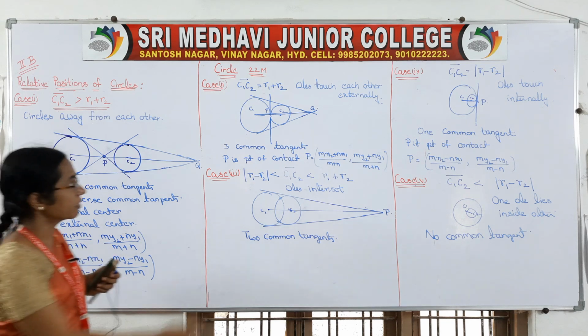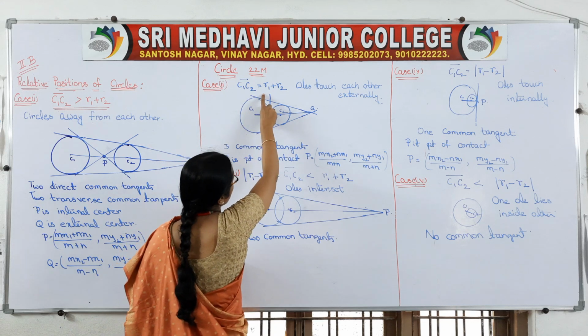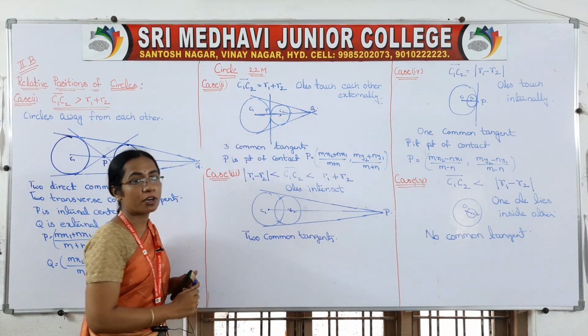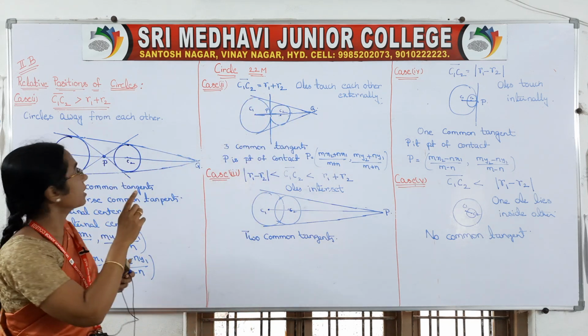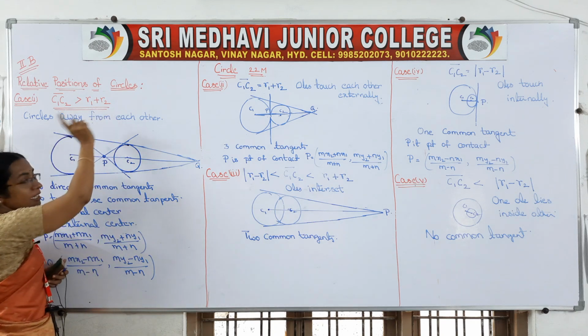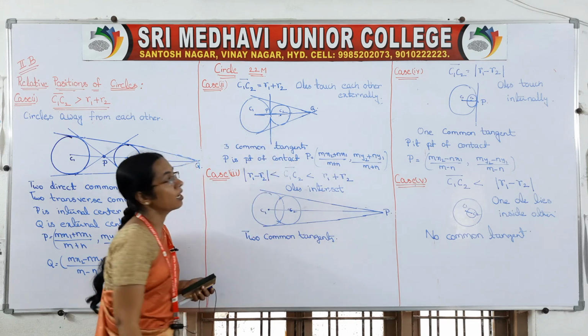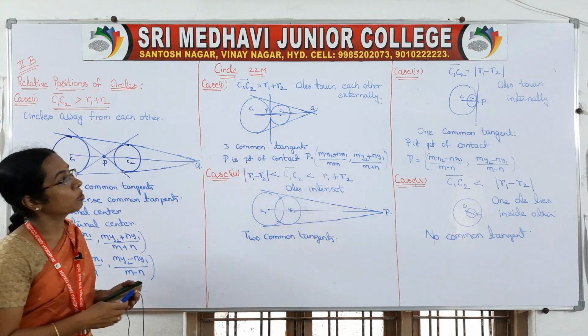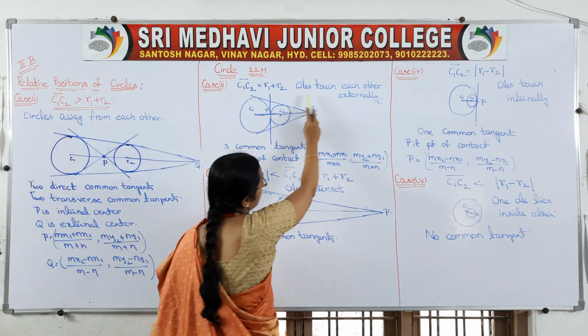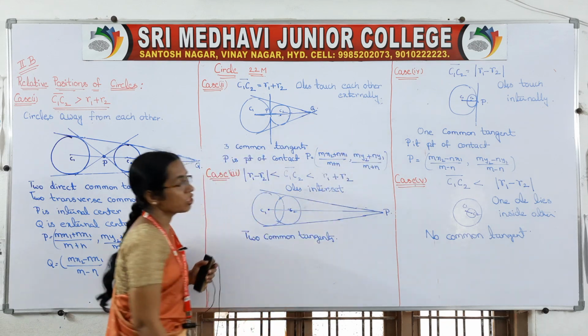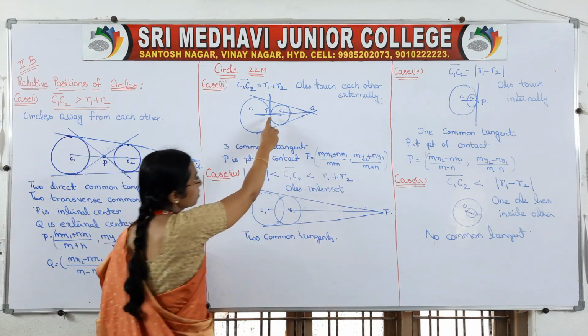Now the second case, suppose C1C2 is equal to R1 plus R2. Suppose we got here C1C2 greater than R1 plus R2. Now your C1C2 is R1 plus R2. Then what happens? The circles touch each other externally, outside.